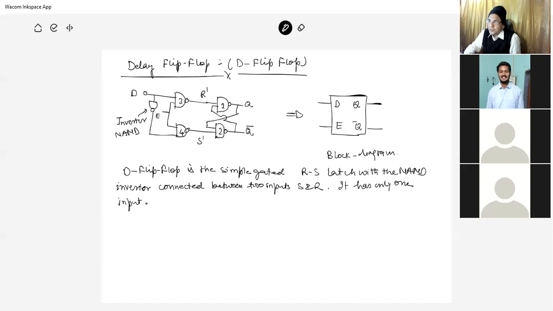The input data is appearing at the output on the same line.